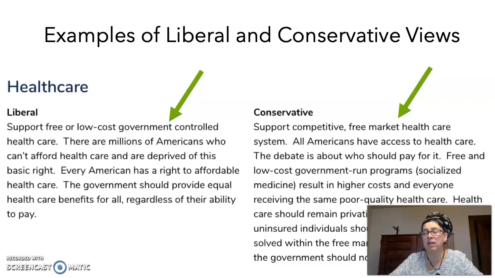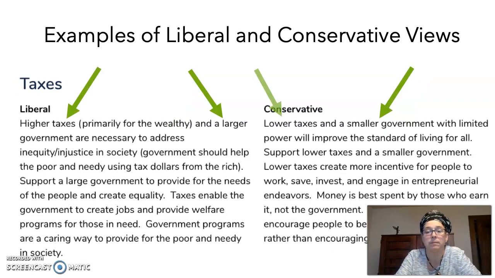They believe that healthcare should remain privatized. They believe that if a doctor does a good job and wants to charge more, he should be able to charge more. He shouldn't be forced to live within the realm of that government pay. And they say a free market economy shouldn't control healthcare.